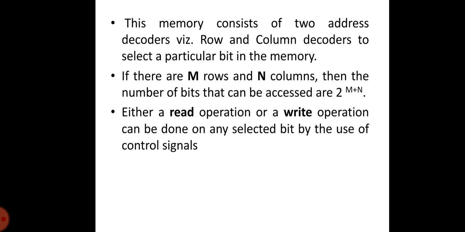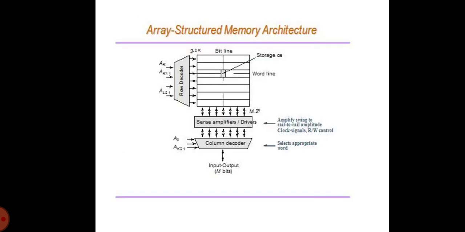The memory consists of two address decoders, row and column decoders, to select a particular bit in the memory. If there are m rows and n columns, then the number of bits that can be accessed is 2 power m plus n. Either a read operation or a write operation can be done on any selected bit by the use of control signals.